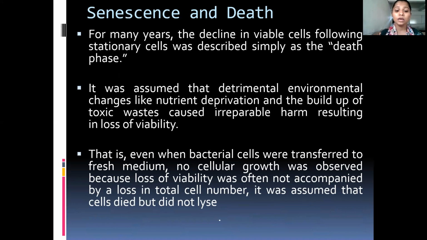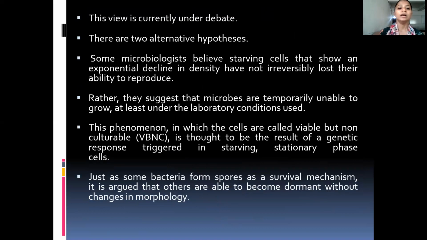That is, even when bacterial cells were transferred to fresh medium, no cellular growth was observed, because the loss of viability was often not accompanied by a loss of total number of cells. It was assumed that cells died but did not lyse. This view is currently under debate.